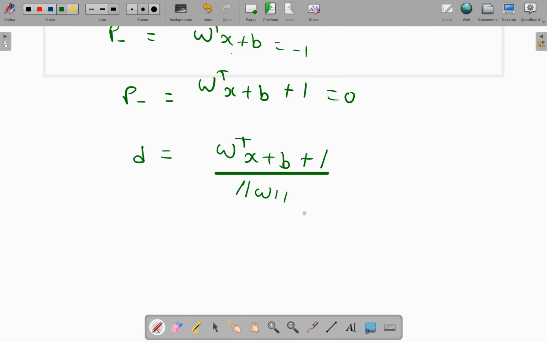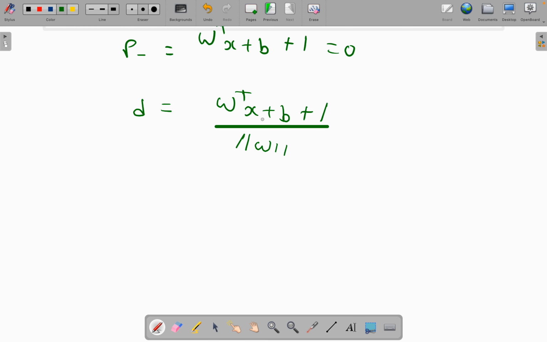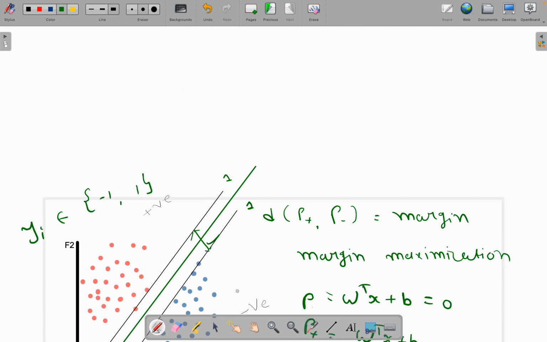So if you put X is equal to 0 and B is equal to 1 here, we found B is equal to 1. So D would be 0 plus 1 plus 1 divided by norm of W, and it can be written as 2 divided by norm of W, right?